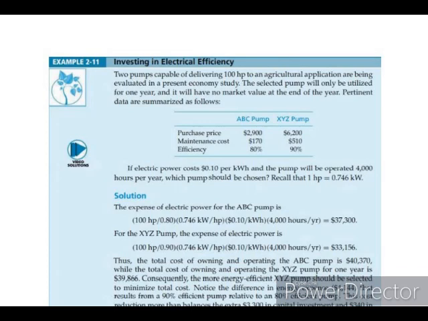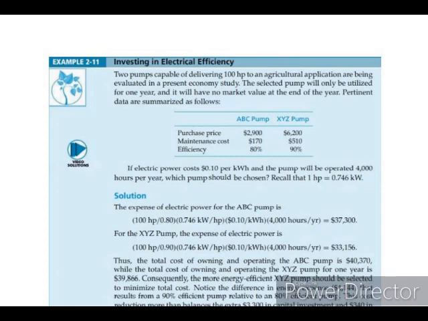Two pumps capable of delivering 100 horsepower to an agricultural application are being evaluated in the present economy study. The selected pump will only be utilized for 1 year and it will have no market value at the end of the year. Pertinent data are summarized as follows.